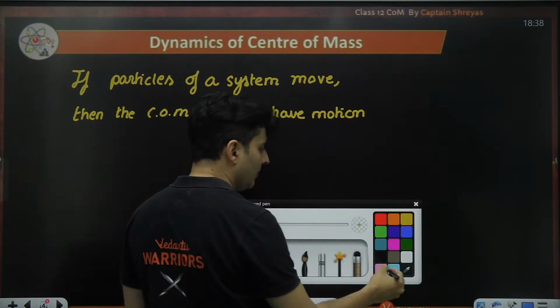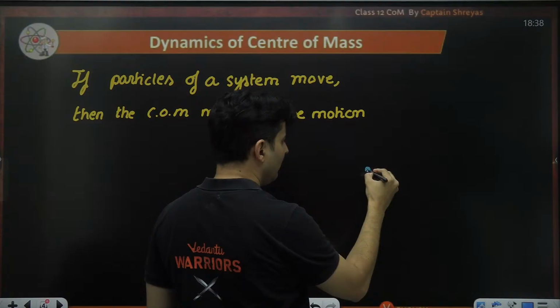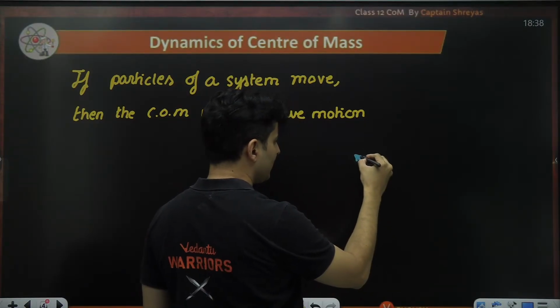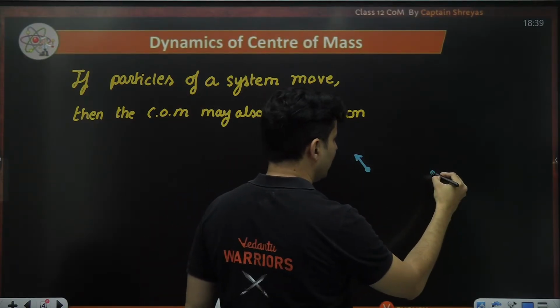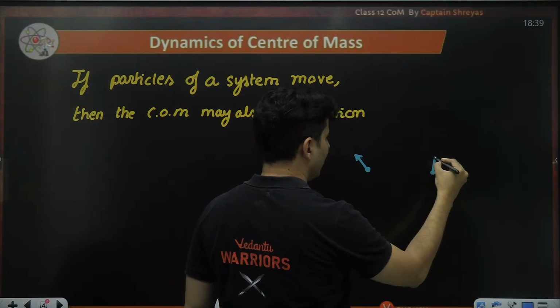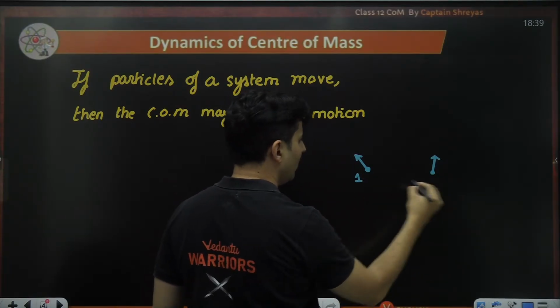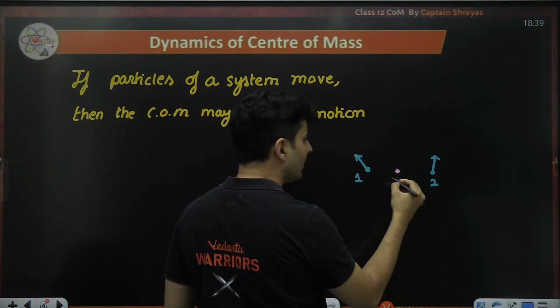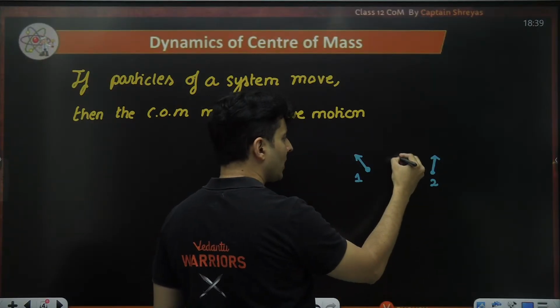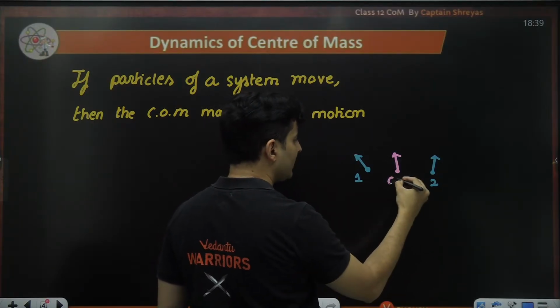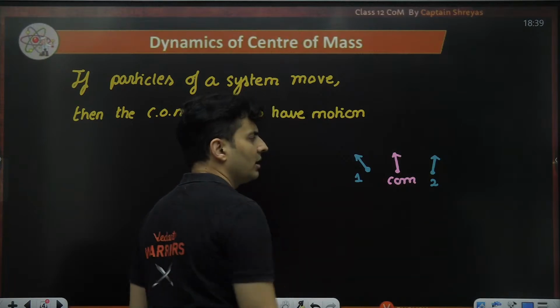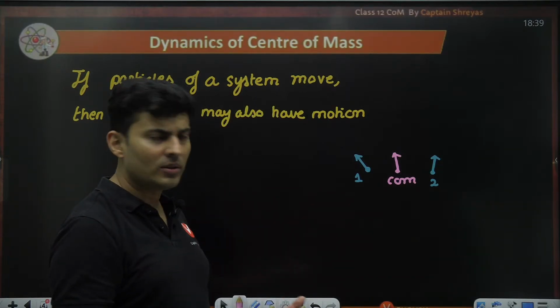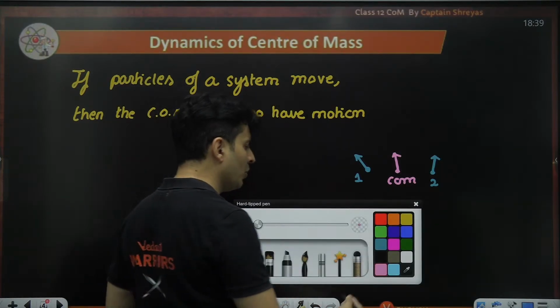Like, for example, there is one particle here, it is moving like this, and then there is another particle here, which is, let's say, moving like this. This is particle labeled 1, this is particle labeled 2. Their center of mass is somewhere here. Because both of them are moving, it's quite possible that their center of mass will also start to move. But there is also a scenario where the center of mass may not move.